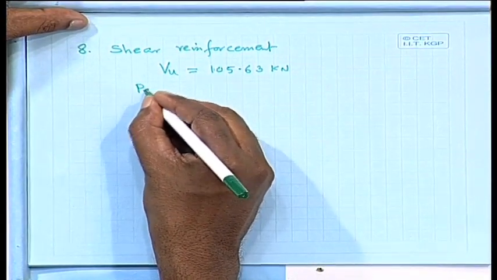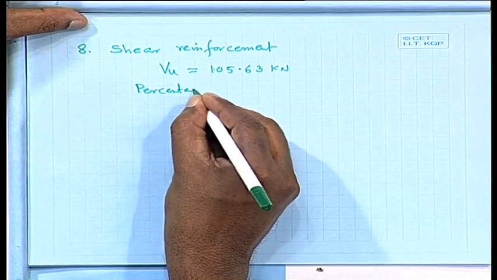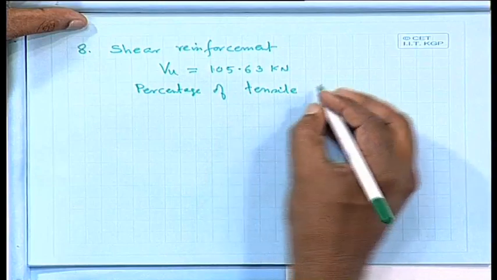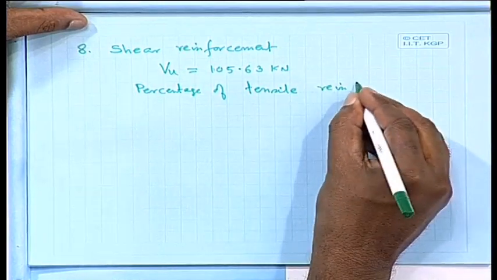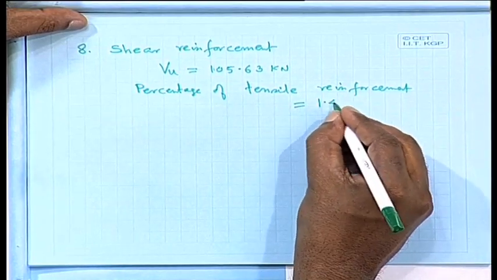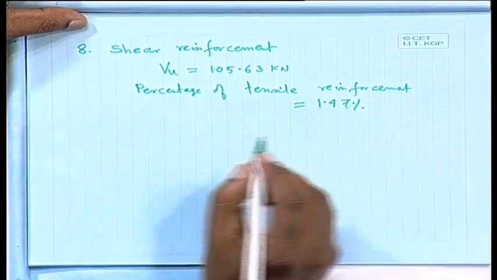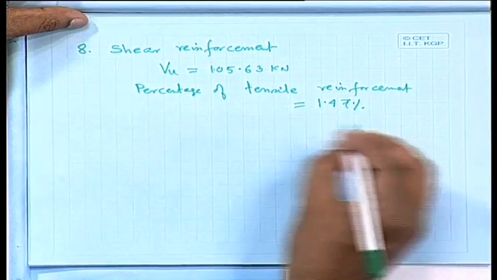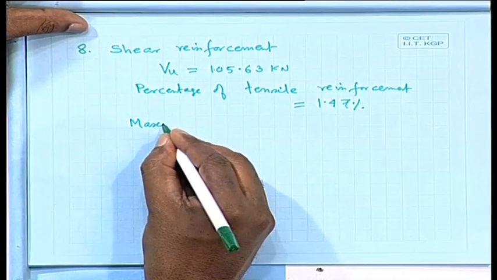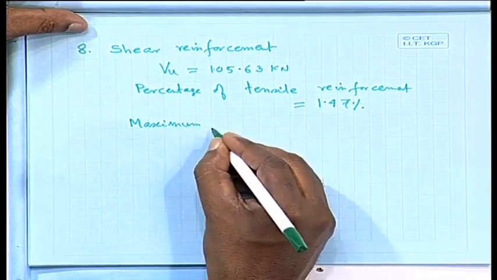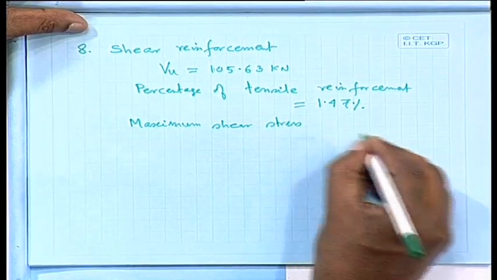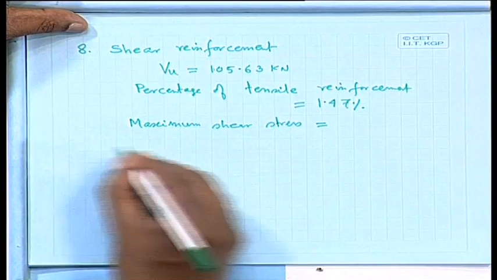Percentage of tensile reinforcement, already we have computed 1.47%. What is our tau c max, maximum shear stress? And where from we shall get it?